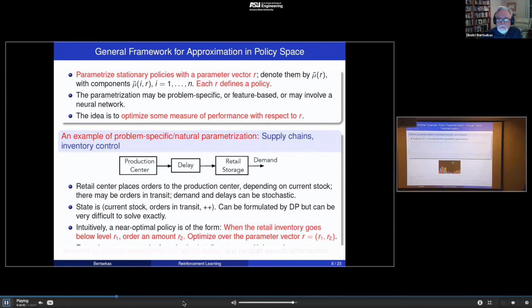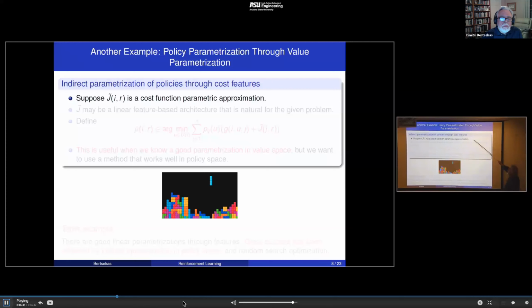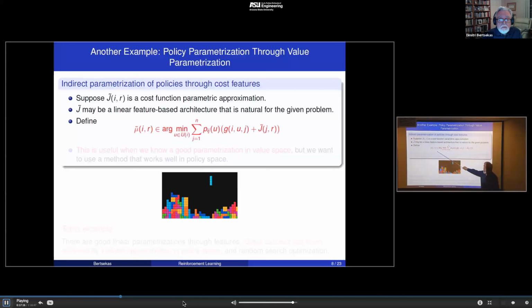Okay, here's another example: policy parameterization through value parameterization. You may know good cost features, so you may have a linear architecture using these features for cost parameterization. And once you have this J tilde, then you can define a policy parameterization through the look-ahead minimization.